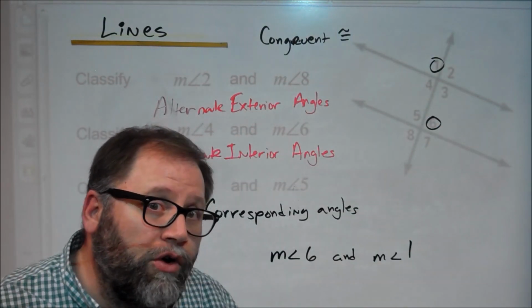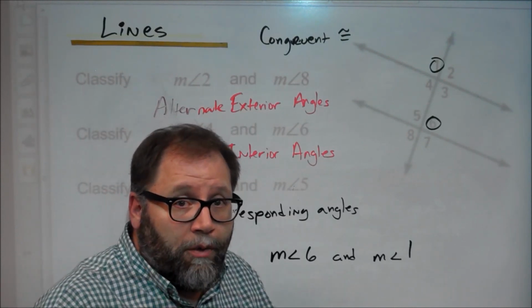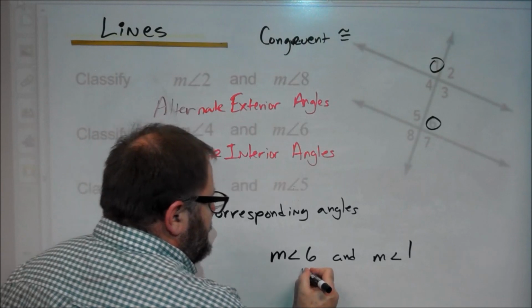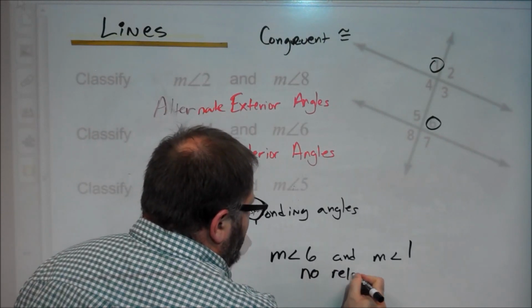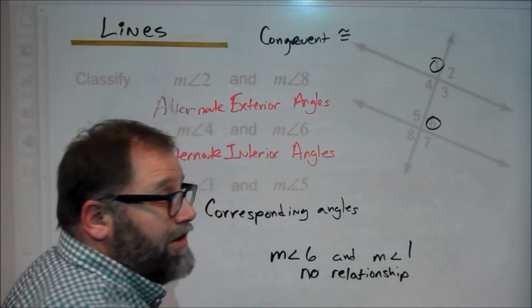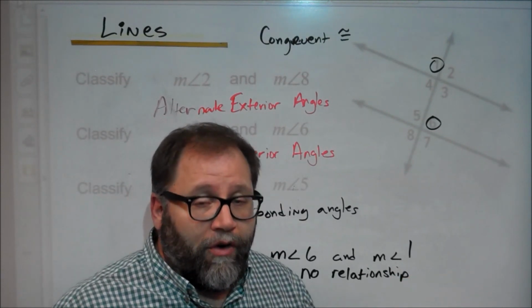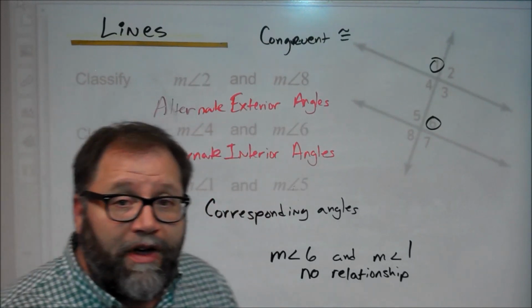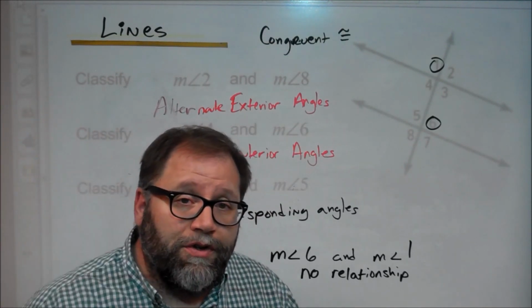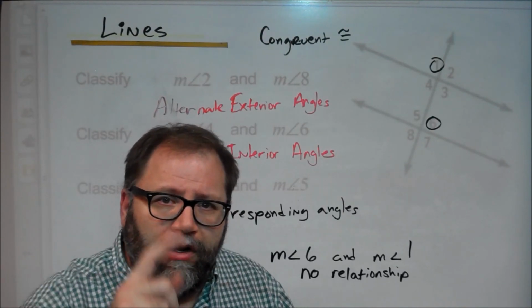No. Are they corresponding? No. So what we know about them is there is no relationship. When we see that, we would state there is no relationship between those 2 angles. Okay. We're going to be classifying angles using a transversal that cuts up parallel lines. That makes sense. Good luck.